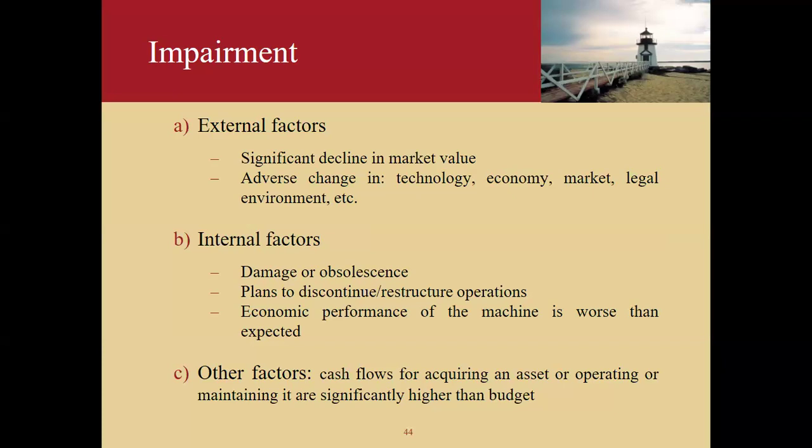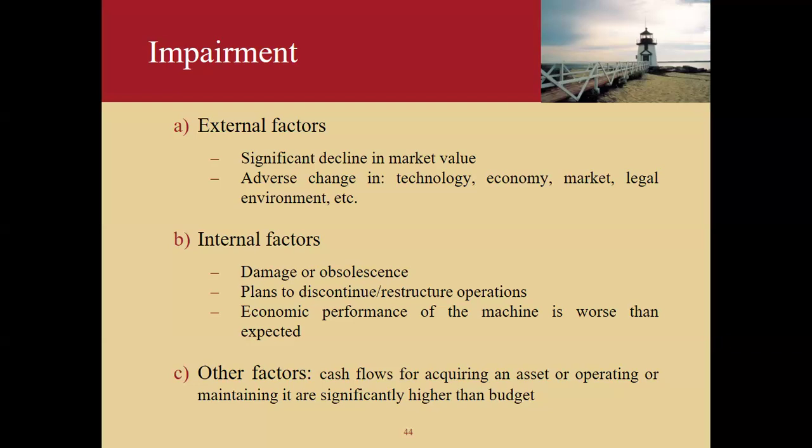Then we have some internal factors, where machines or properties are damaged or become obsolete, or there are plans to discontinue or restructure operations, so the property, plant, and equipment is no longer needed because of restructuring. Or the economic performance of the machine is worse than expected.